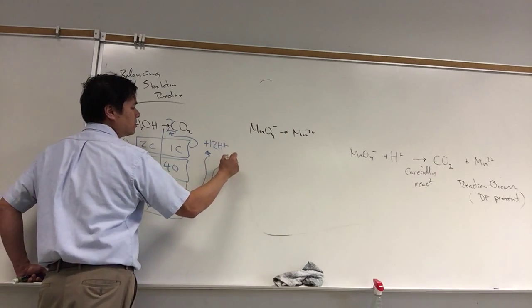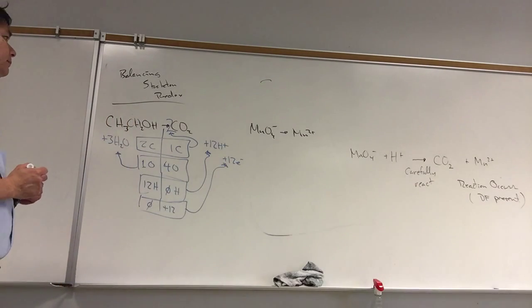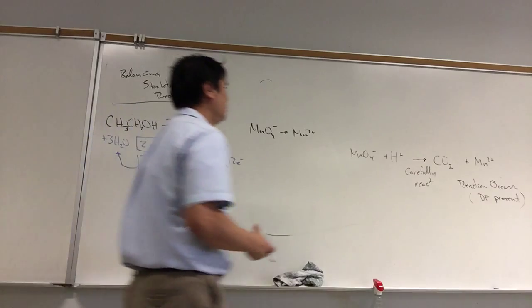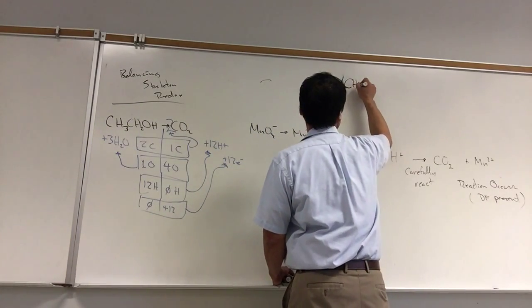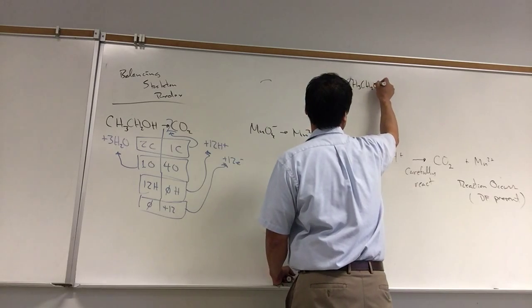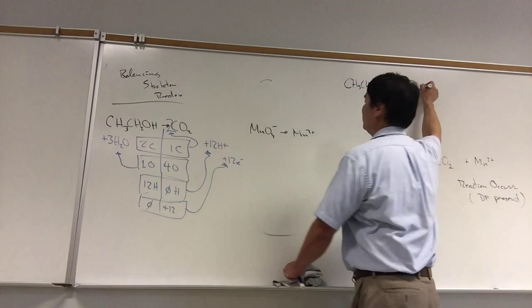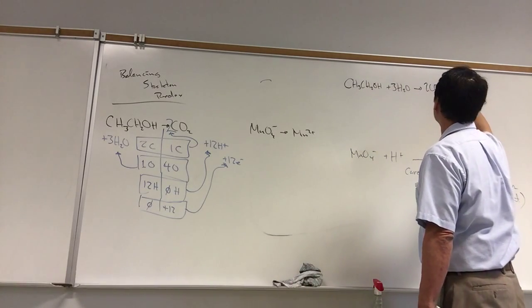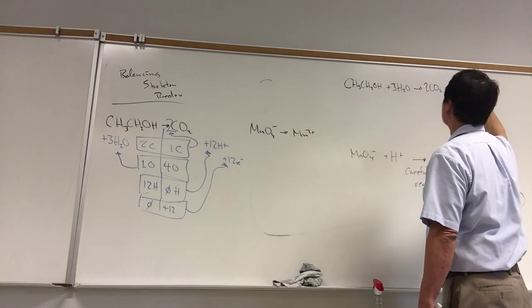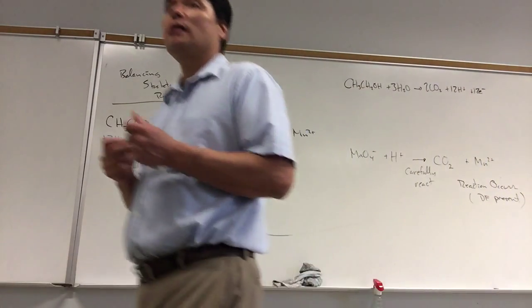So I need plus 12 electrons here. That should lead to a balanced half reaction: CH3CH2OH plus 3H2O yields 2 CO2 plus 12H+ plus 12 electrons.